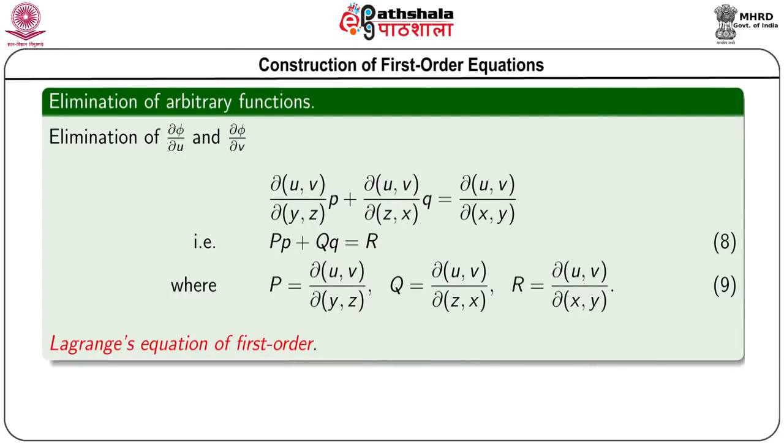Equation 8 is called the Lagrange equation of first order. So, in this case we find a first order differential equation by eliminating the arbitrary function φ.